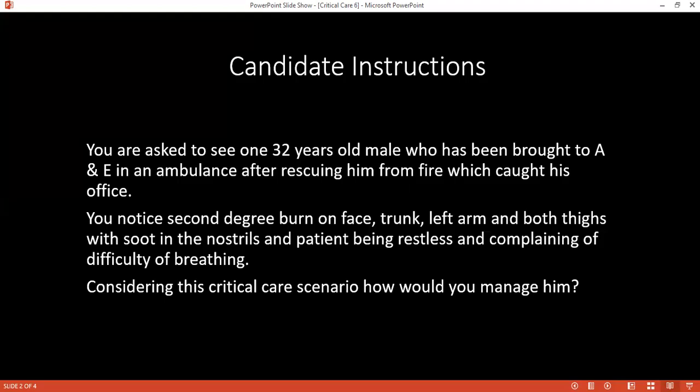We can use it like this: the arm anteriorly 4.5 and posteriorly 4.5, also the face anteriorly 4.5 and posteriorly 4.5, and the trunk. What percentage of burn has this patient acquired? Just 1 second.